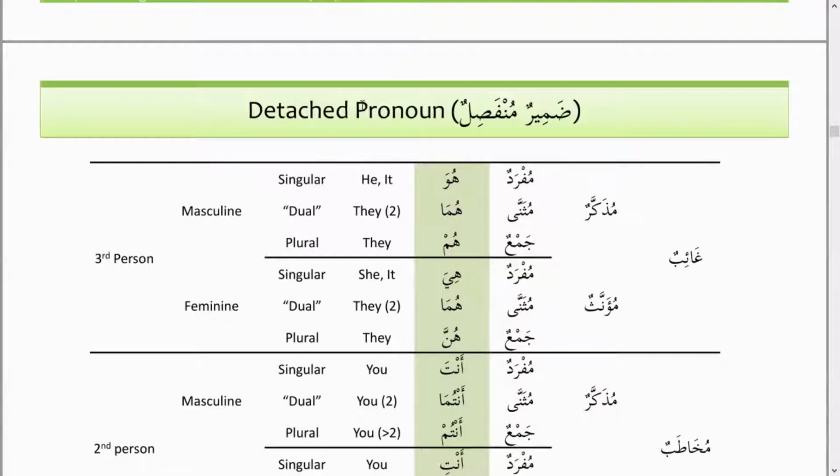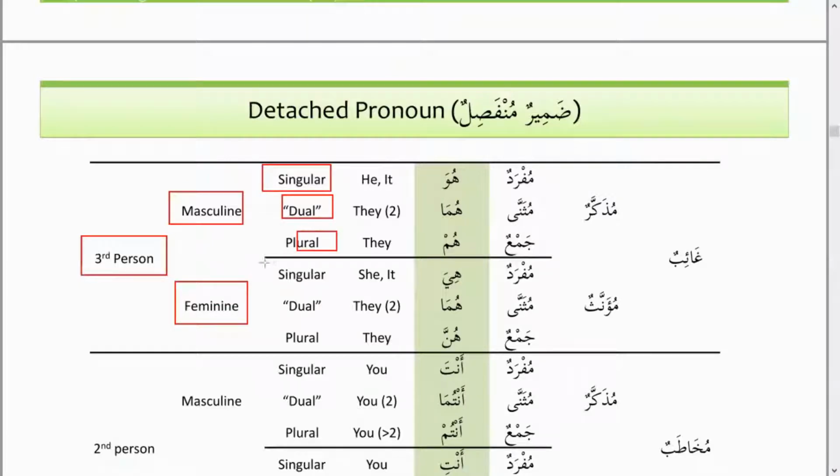Anytime you have to talk about a pronoun, you have to look at three things, generally speaking. Is it third person, second person, or first person? Is it masculine or feminine? Is it singular, dual, or plural?